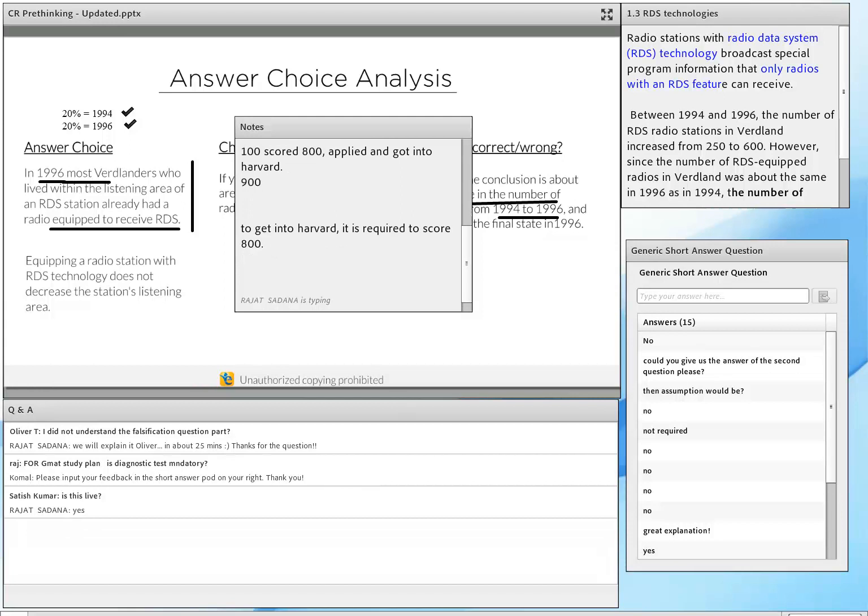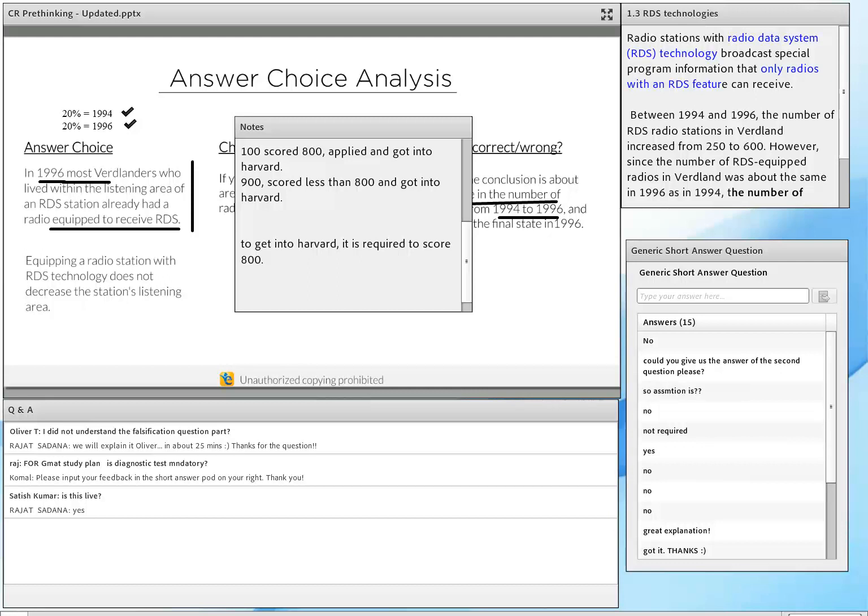But the other 900 scored less than 800 and still got into Harvard, right? So you can't really say that to get into Harvard, it is required to score 800. Why? Because the other 900 still got into Harvard with a score of 750 or even a 700. So if a condition satisfies the conclusion, it doesn't make it a must be true.